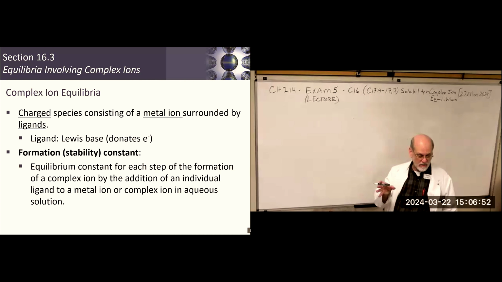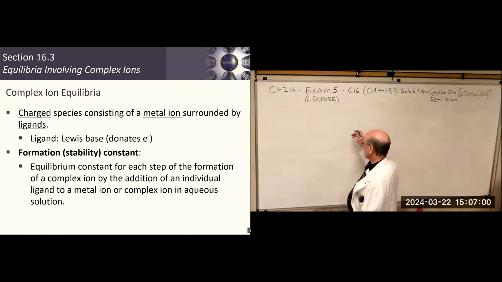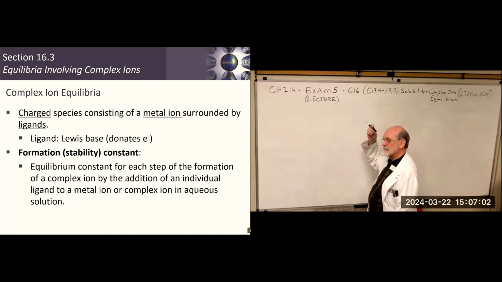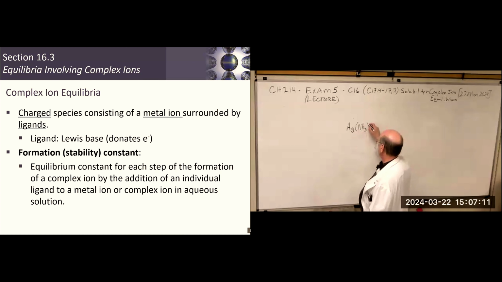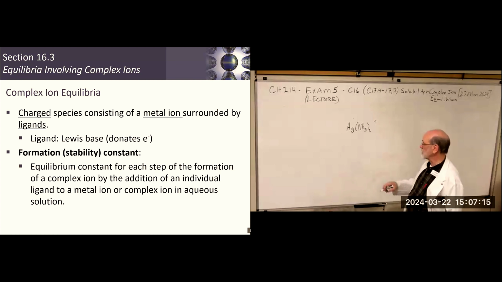Complex ions are ions. They're charged species, but they're a combination of metal ions and other things. Like you'll have a metal, for instance, the one we're going to be using is silver combined with the ammonia group. 2 of those with a +1 charge.